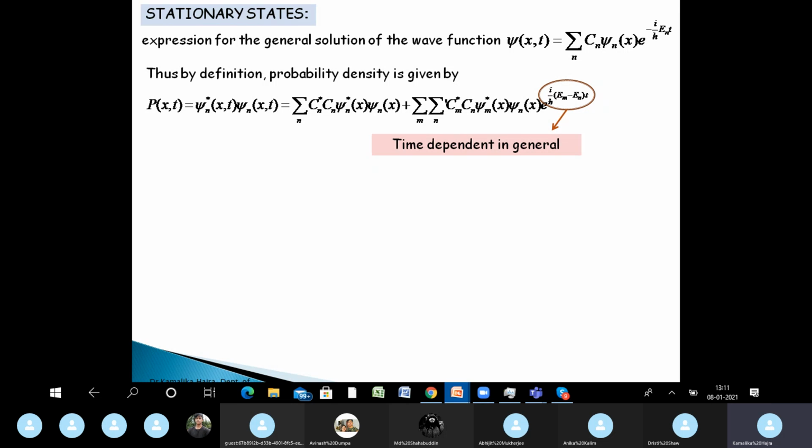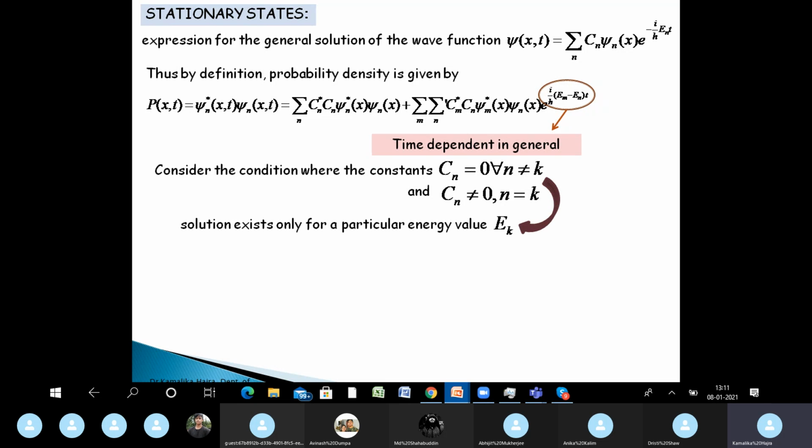explicitly in this form. Now we consider a condition where all constants are 0 for n not equal to k and non-zero when n equal to k. In other words, we are talking about a particular solution where the solution exists only for a particular energy value Ek.